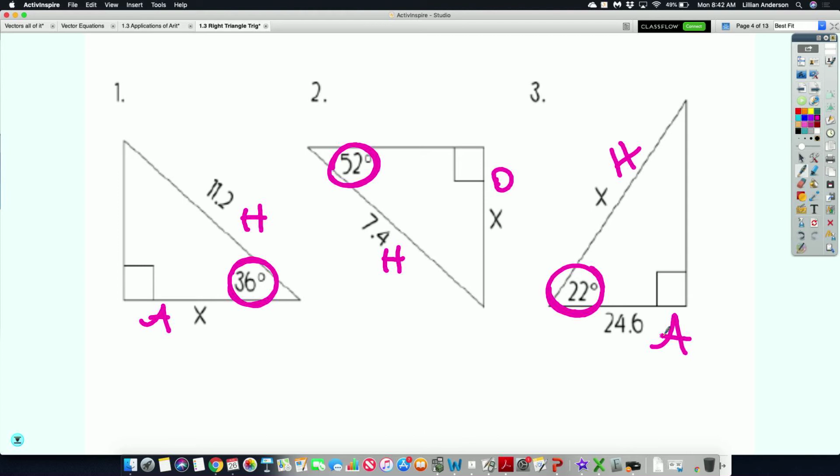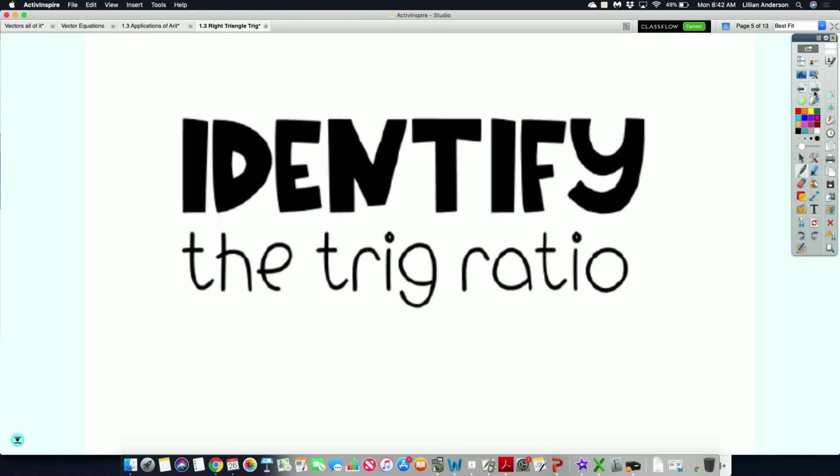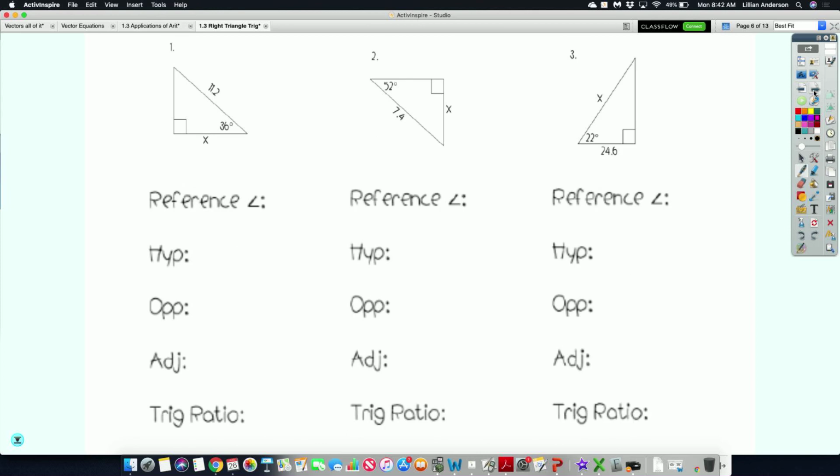So, looking at that, we're going to identify the trig ratio. Our reference angle for number 1 was 36. Our hypotenuse was what again? 11.2. My opposite, though. Did I put anything there? Did I label it? No. Okay?